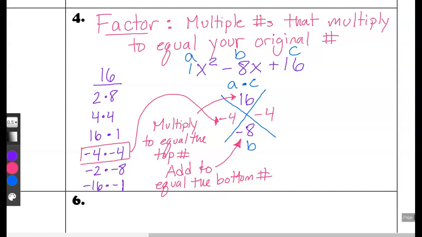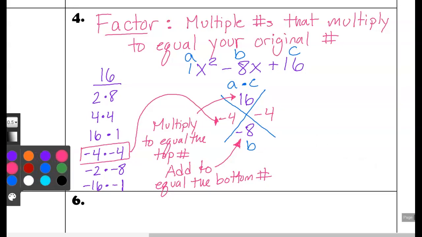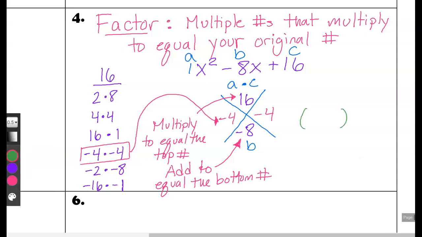So now, we have everything we need to create our two sets of parentheses that tell us the factors of the quadratic. We draw the two sets of parentheses. Both of the parentheses start with an x.